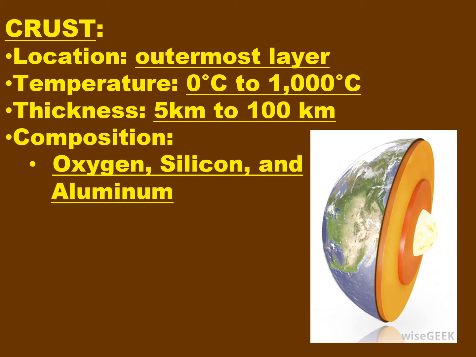Its composition, or what it's made of, is oxygen, silicon, and aluminum. Those are the main compositions. We also know it is rock, granite, dirt, things like that. But we consider the composition to be primarily composed of oxygen, silicon, and aluminum.